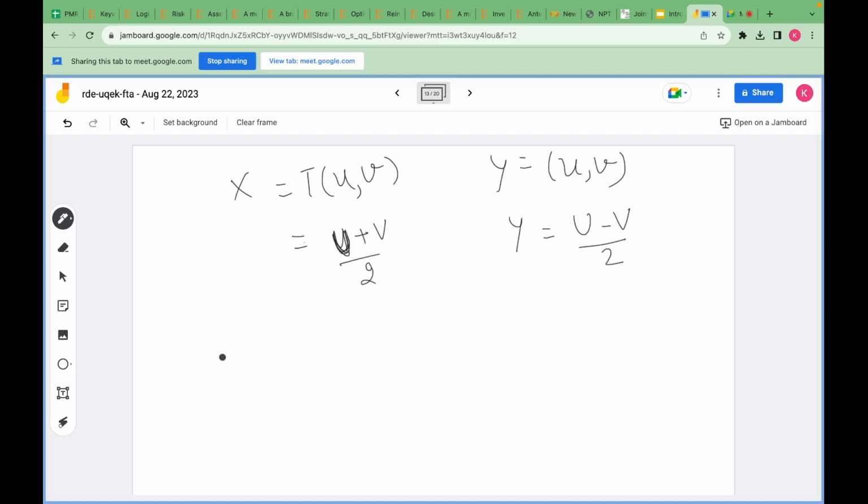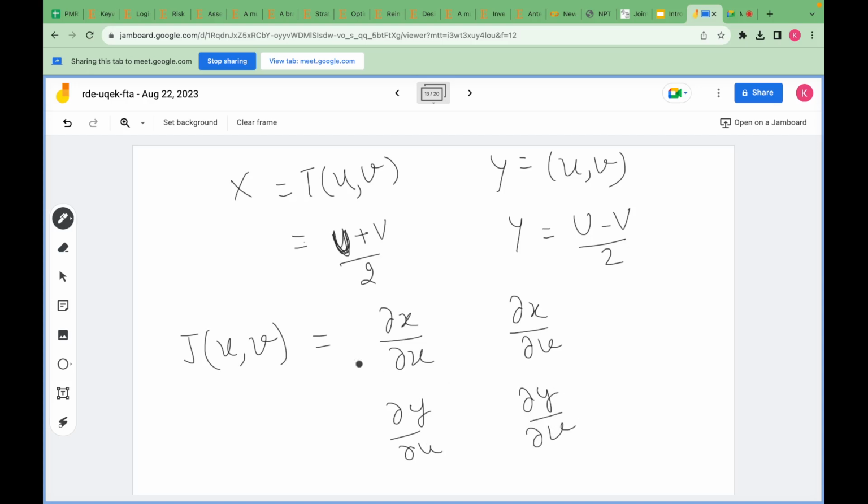So now we can find the Jacobian with respect to u and v, which is the determinant of del x del u, del x del v, del y del u, and del y del v.